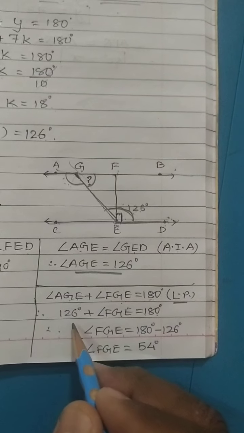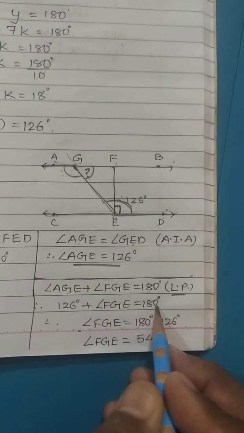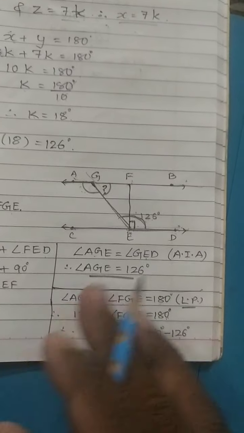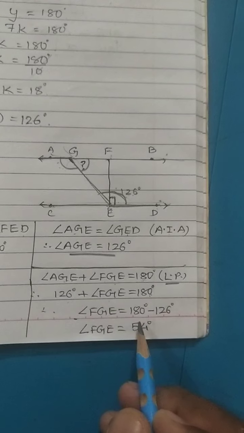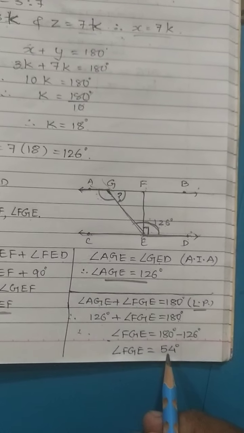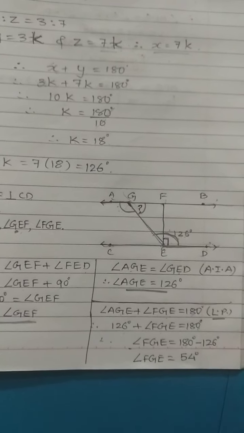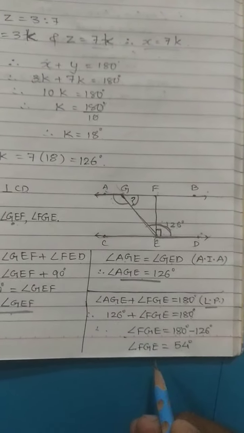AGE is given to us, 126 degrees, plus FGE is equal to 180. Send this 126 to that side. So it is 180 minus 126, which is 54 degrees. Right? Okay. So we have found all three angles here.